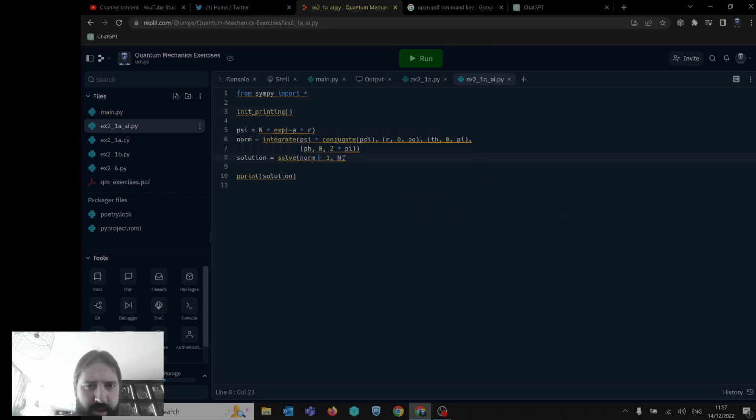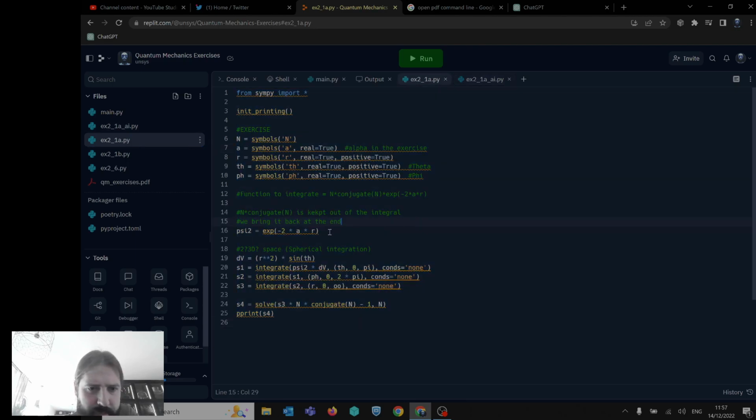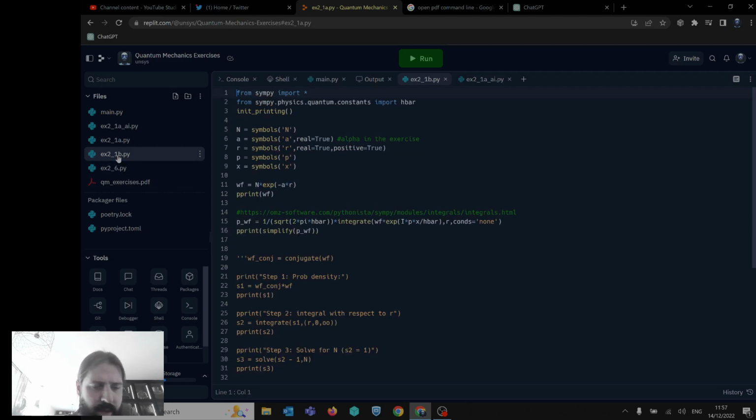But okay, it's not bad. It actually knows how to solve this stuff. Okay, so this was at least the state of this exercise, which was not fully finished, but as close as I can get.